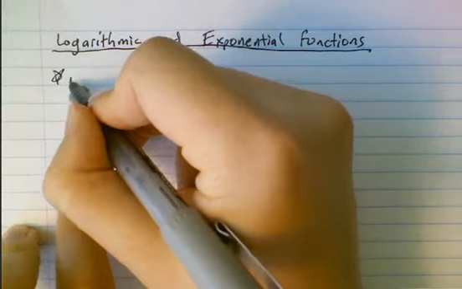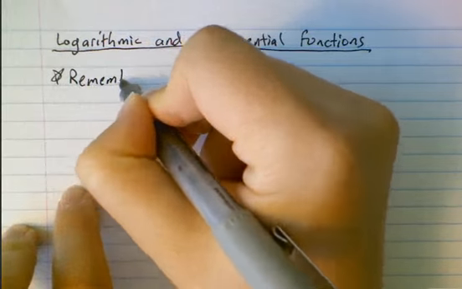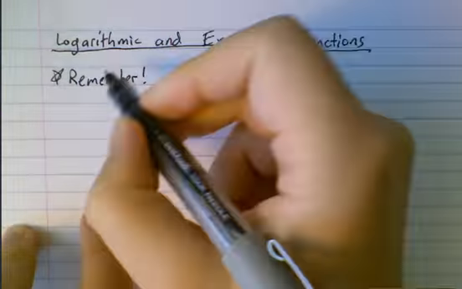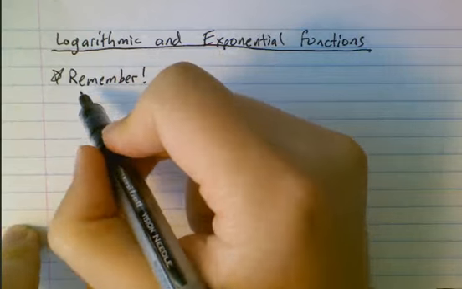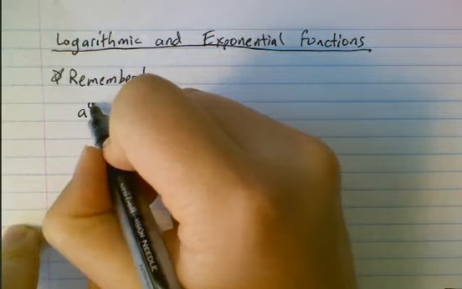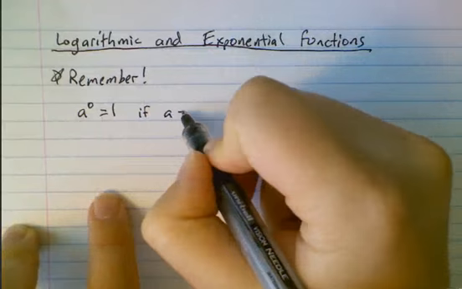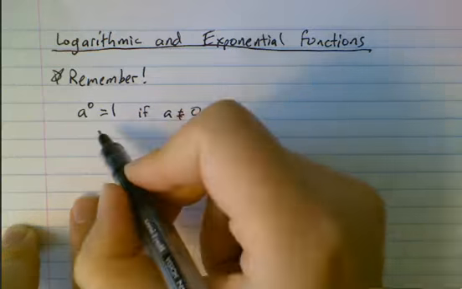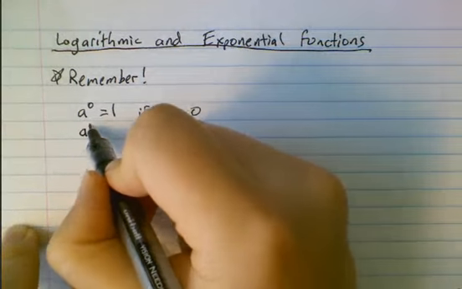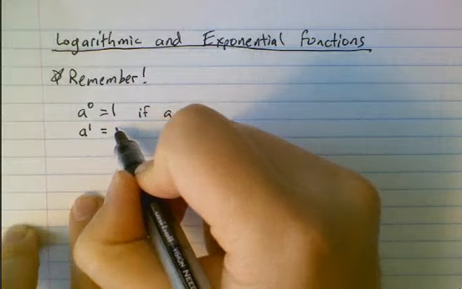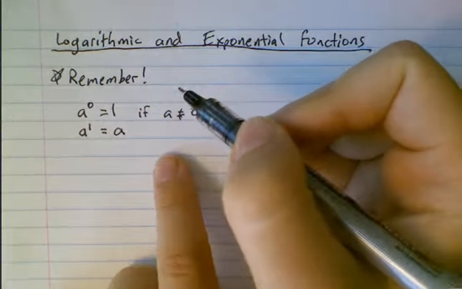Here are a couple things to remember. First, anything to the 0 power equals 1 as long as the base is not equal to 0. And anything to the first power just equals itself.